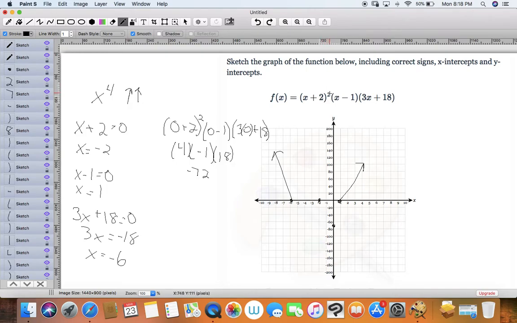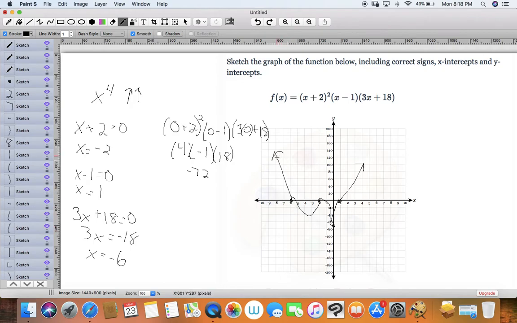They call it a turning point. So that means it changes direction at that point. So I know that this is going to have to come down here, and then come back up here. But because it's a bounce, it's going to have to go down and back up. So hopefully you can make yours look smoother than that.